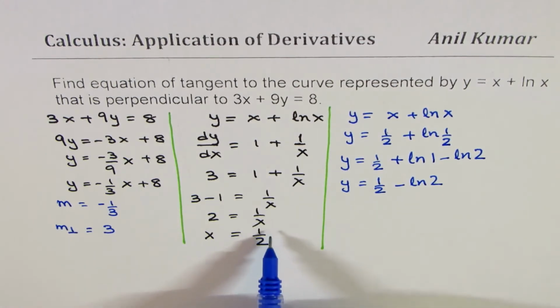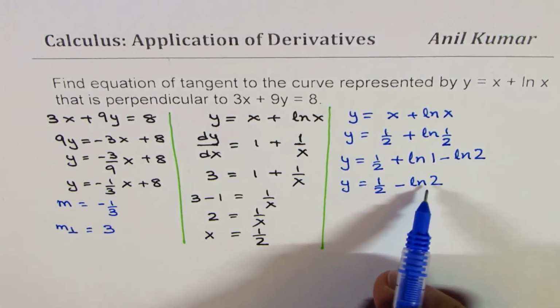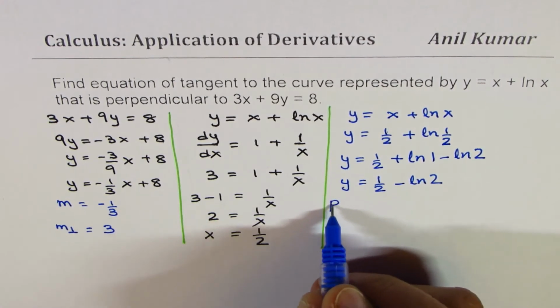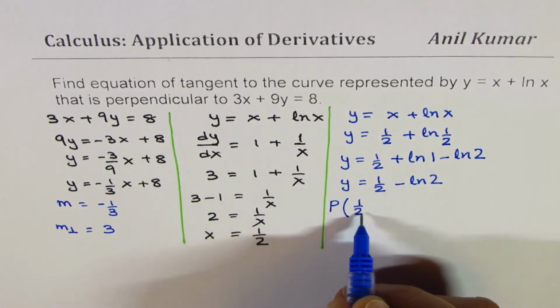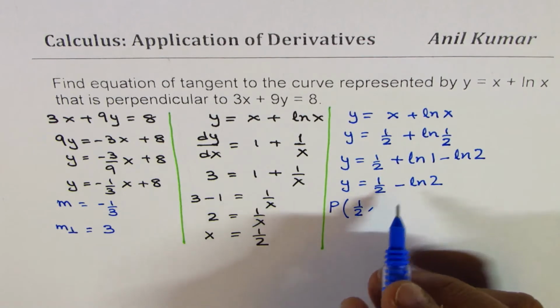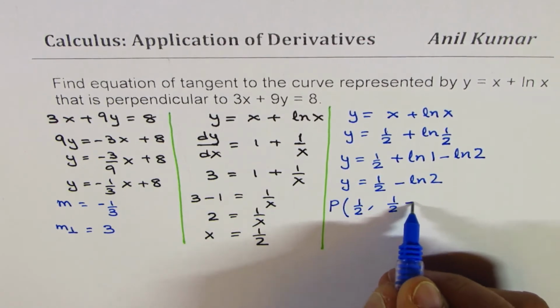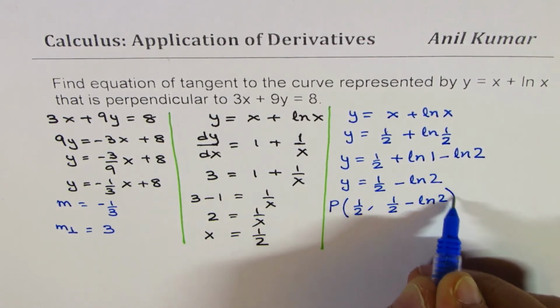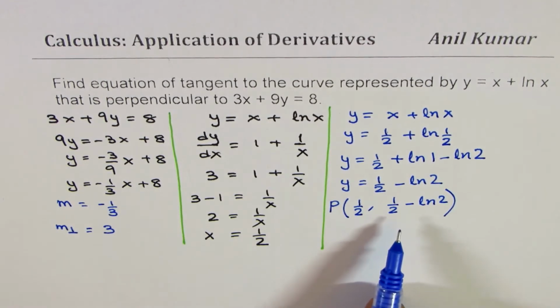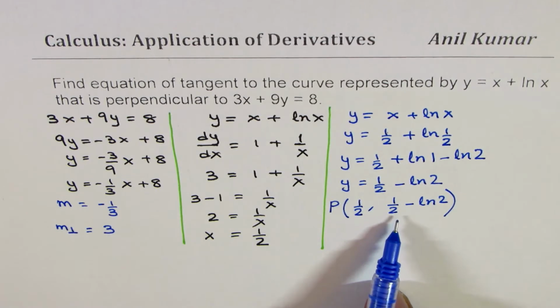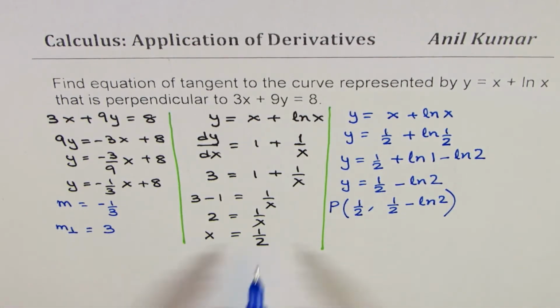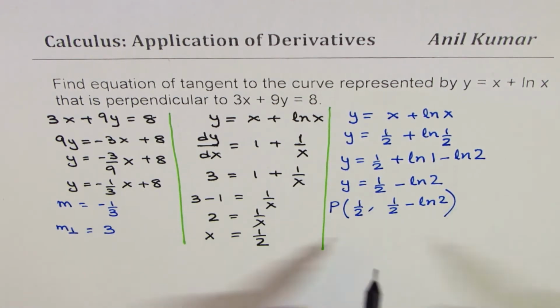So when x is 1/2, y is 1/2 - ln 2, or the point is (1/2, 1/2 - ln 2). So that becomes the coordinate of our point. We know the coordinate of the point, we know the slope, we can always find the equation of the line. Is that clear? So let's find the equation of the line now.